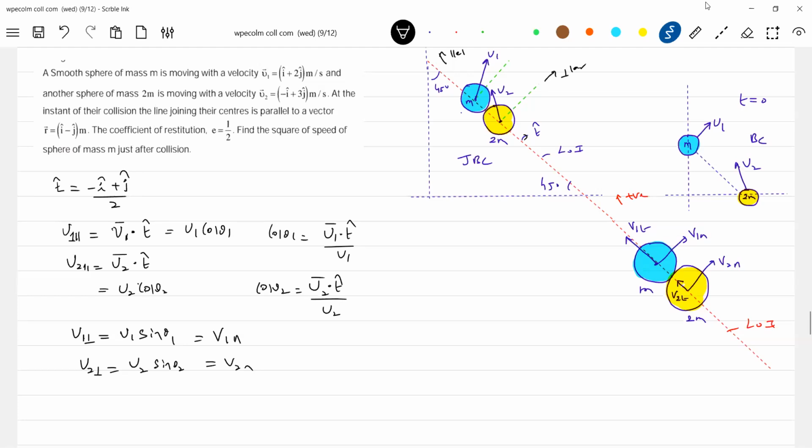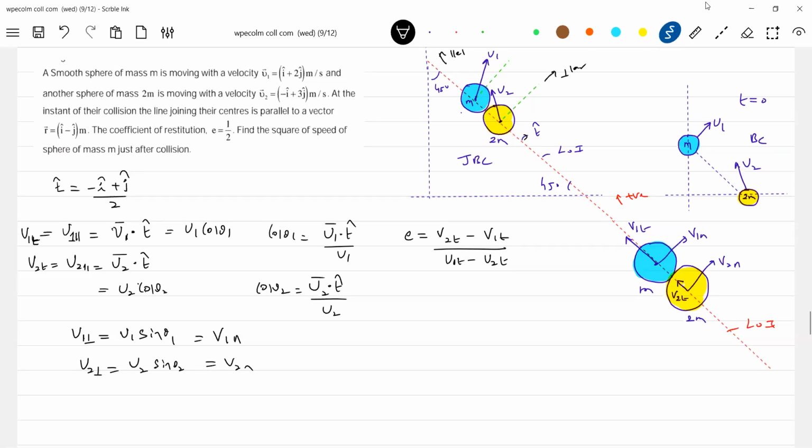After this, the coefficient of restitution formula should be equal to V2t minus V1t by U1t minus U2t. Okay, we know all the values.